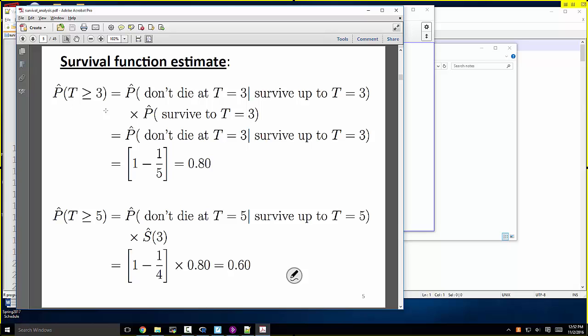The probability that you survive past time 3 is the probability you don't die at time 3, given that you survive up to time 3, times the probability that you survive to time 3. And we said this probability of surviving to time 3, we can estimate it as 1, because at least nobody was observed with an event time before time 3.